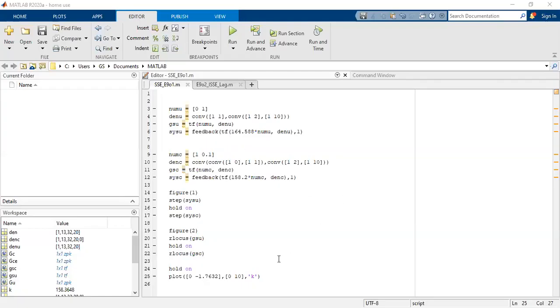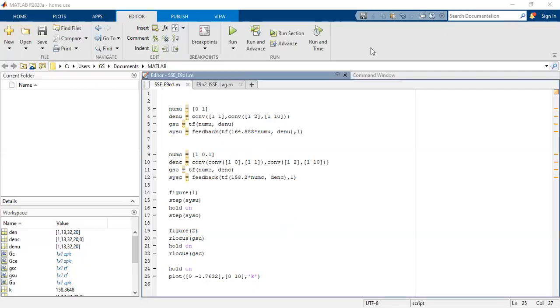Yeah, you can see here we have two systems. The first portion is the uncompensated one, and then the compensated system.